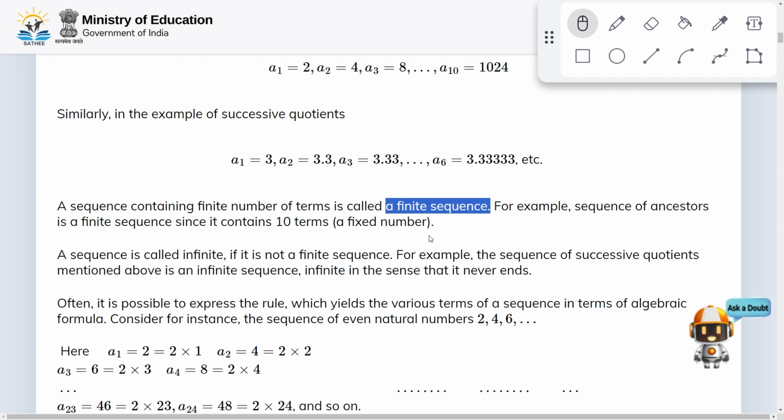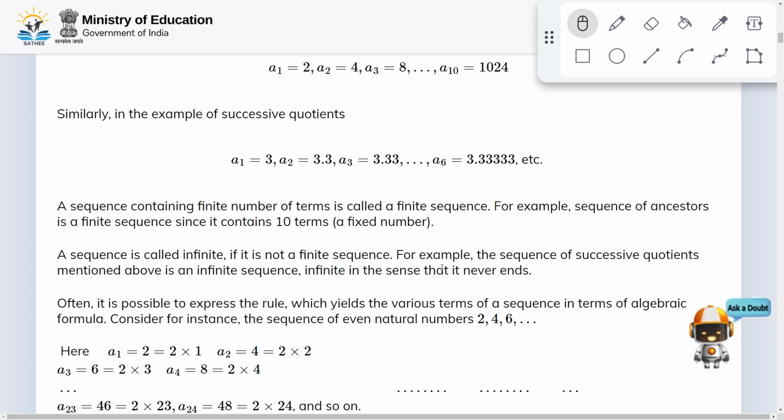A sequence containing a finite number of terms, we will be calling a finite sequence. For example, the sequence of ancestors is a finite sequence because it contains only 10 terms, a fixed number of terms. An infinite sequence means no fixed number of terms, the terms go further and further.